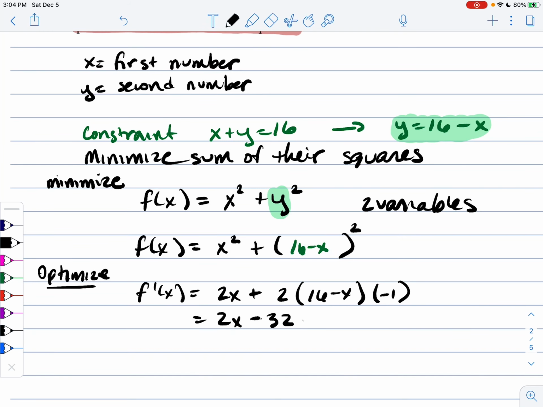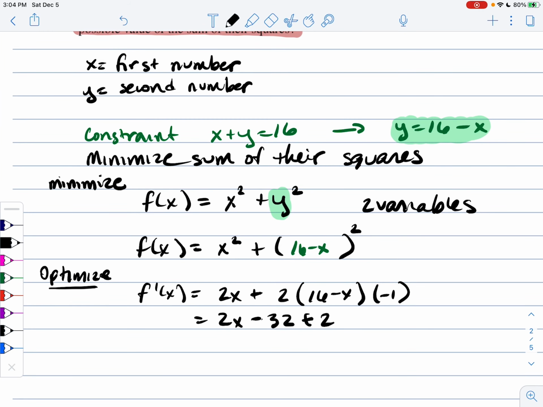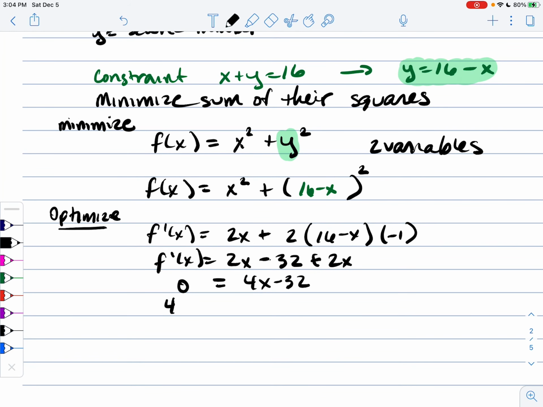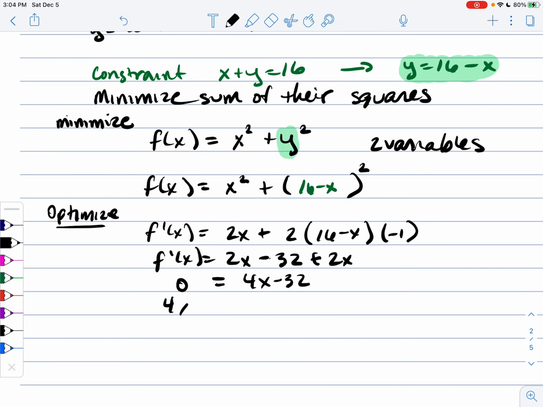And then we have minus is a plus, and so we have plus 2x. So when does 4x minus 32 equal 0? We've got when 4x is equal to 32, or 32 is equal to 4x, whichever way you want to see it, or when x is equal to 8.